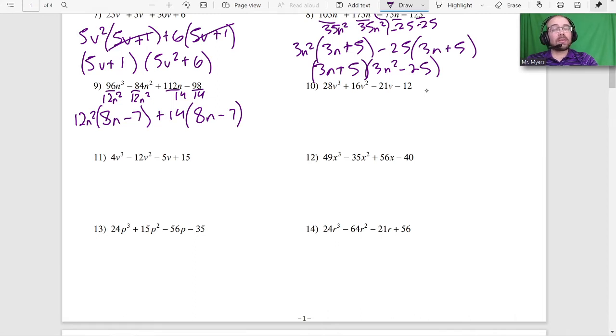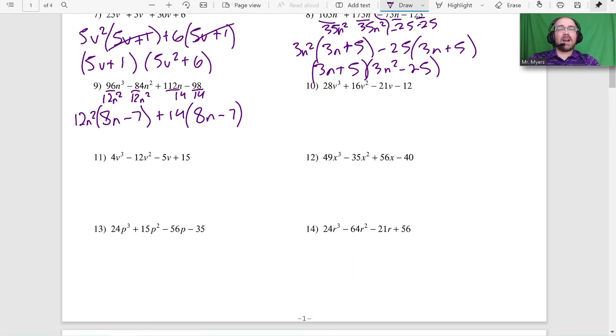Now you run the risk of getting the problem wrong even more because now you're not checking your work as you go. So it's possible, more possible, that you get the answer wrong. So this would just be if you're crunched for time, right?